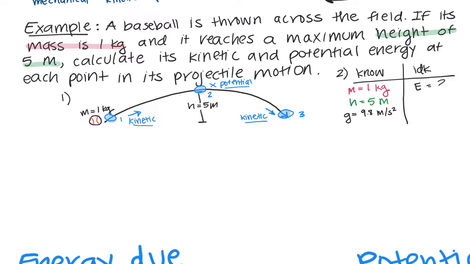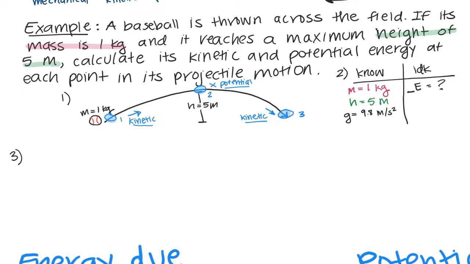So we know we are solving for a certain type of energy. We don't know what the object's kinetic and potential energy are at any point in its motion so far. So now we need to move on to step number 3. We're going to figure out what energy makes the most sense to solve for first, given what we know from the problem.